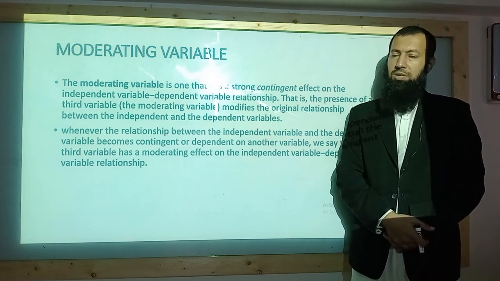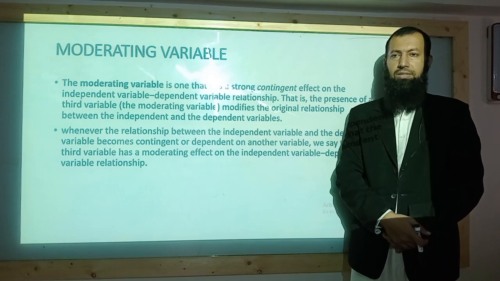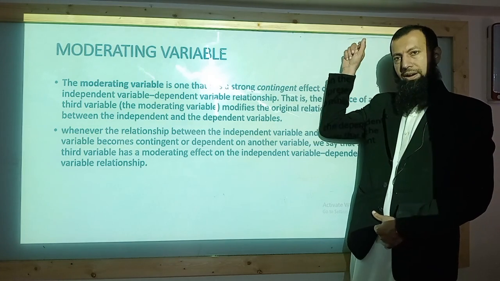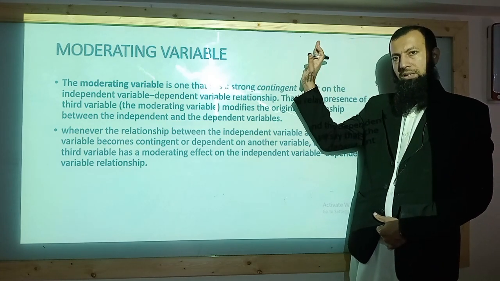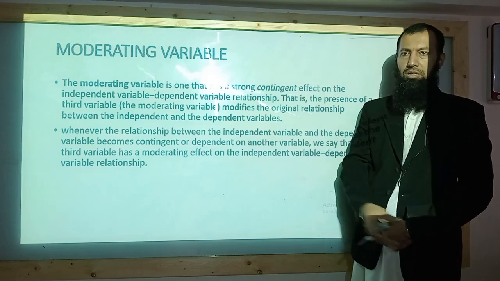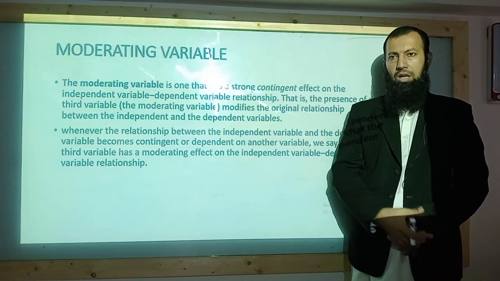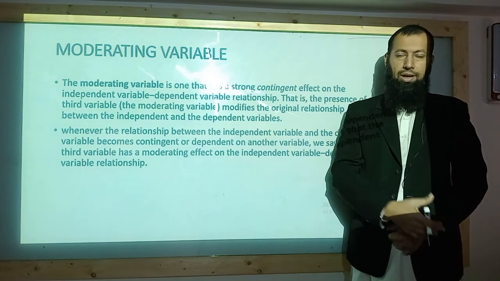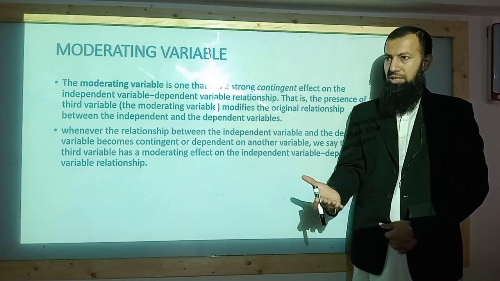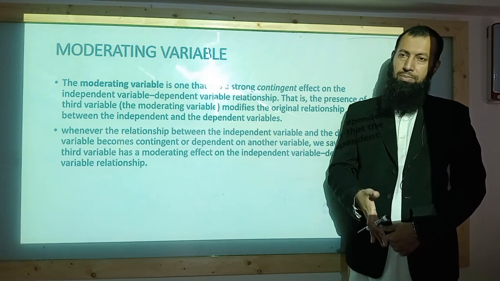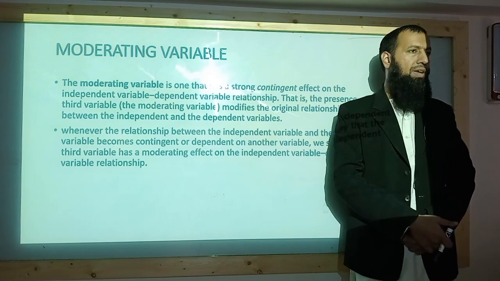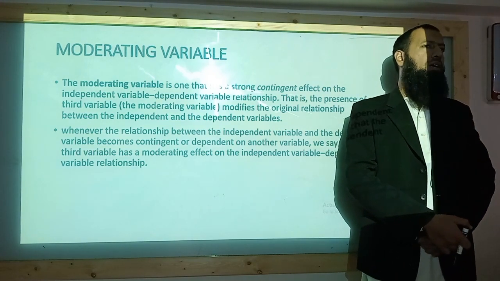If there is no relationship between independent and dependent, then there is no moderation. Moderation of what? What relationship are you going to modify? When there is no relationship, there is no modification. There must be some existing relationship between independent and dependent. This is very important. Got it? Any question?